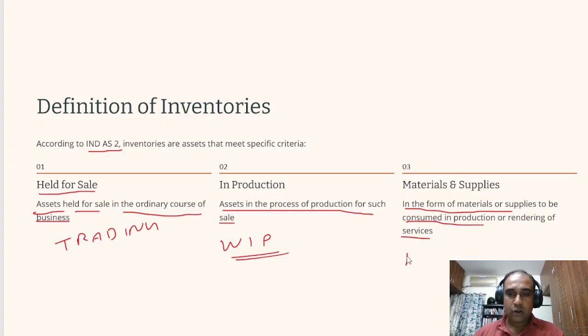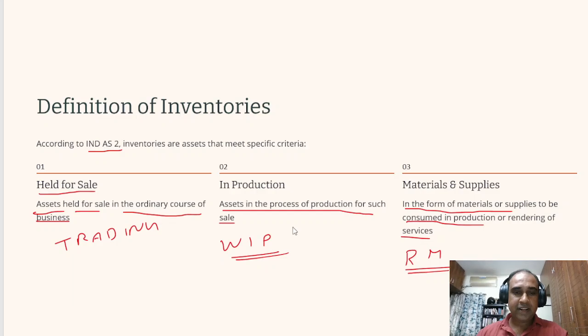These are all raw material. So inventory of raw material, inventory of finished goods, or inventory of work in progress. This will be covered in the services. So these are all in the form of material or supplies to be consumed in production or for rendering of services. Clear, guys?